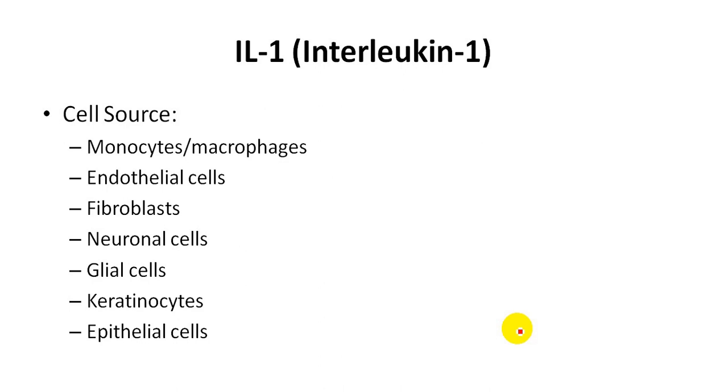Interleukin 1, the studies began on pathogenesis of fever, and these studies were performed by Ellie Mencken and Paul Beeson in the year 1943 to 48, and this was done on the fever producing properties of proteins released from rabbit peritoneal exudate cells.